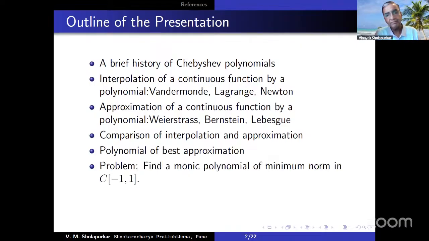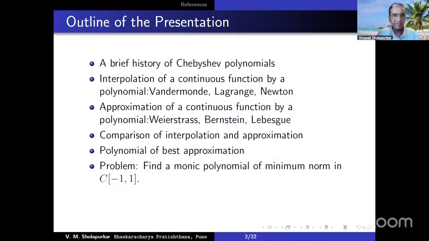And then this is the problem that we are going to tackle in the context of Chebyshev polynomials. Find a monic polynomial of minimum norm in C[-1, 1]. C[-1, 1] stands for continuous functions on [-1, 1], maybe complex valued or real valued, with supremum norm. That is, the norm of a function f is the supremum of mod f(x), where x belongs to [-1, 1].